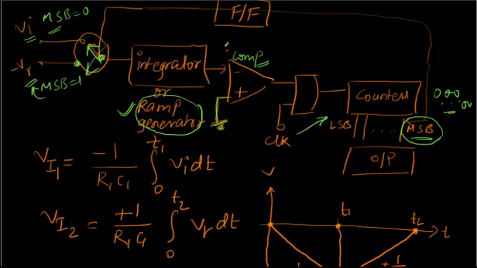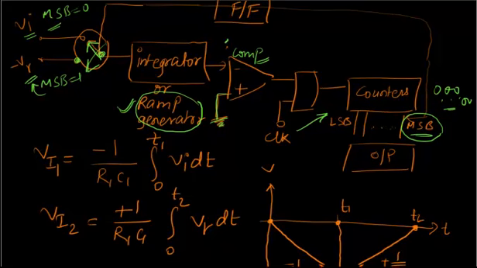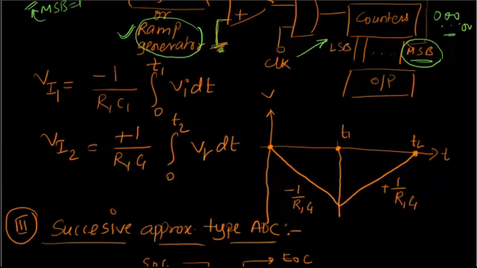So when you apply minus VR to the integrator, this operation will be more clear from this diagram. Up to some time t1, say, at this t1 this MSB is becoming 1. Now up to t1, we know that this is our integrator equation. I have already discussed this in previous class when I discussed integrator with op-amp. So this is the integrator equation.